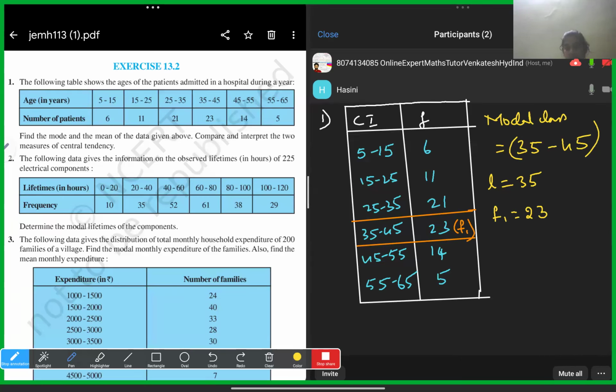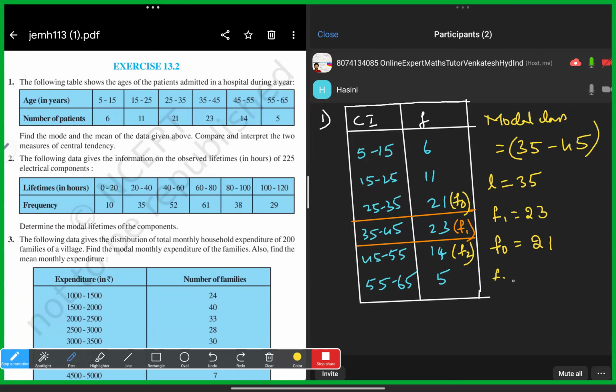Whatever frequency is there preceding the modal class is F0. Before 23, what is there? 21. That is F0. After F1, whatever is there is the succeeding class frequency, that is F2. F2 is 14.